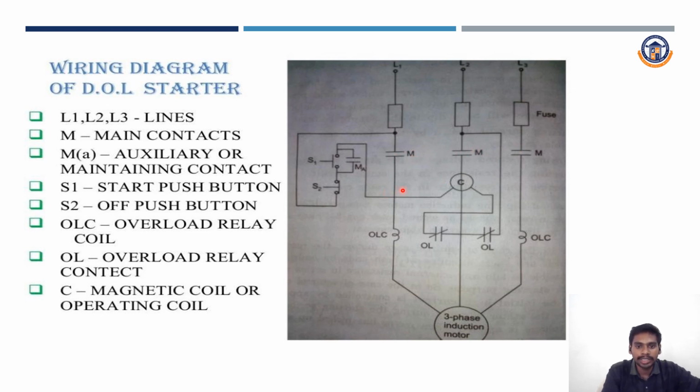Next one is S1, that is the start button. Next one is S2, that means the off button. Next one is the overload relay coil. Overload relay coil means whenever the motor gets an overload, the coil will be energized to protect the motor in the overload conditions. Next, overload relay contact and then the magnetic coil.